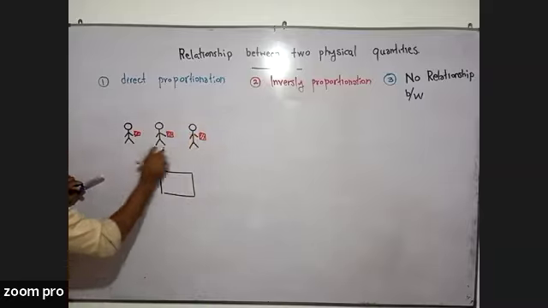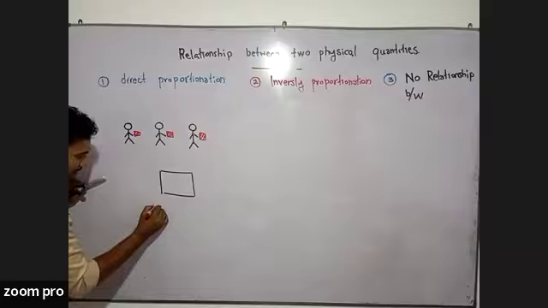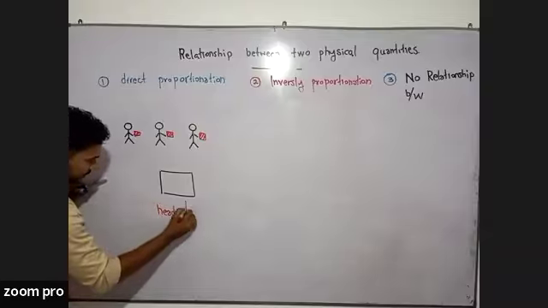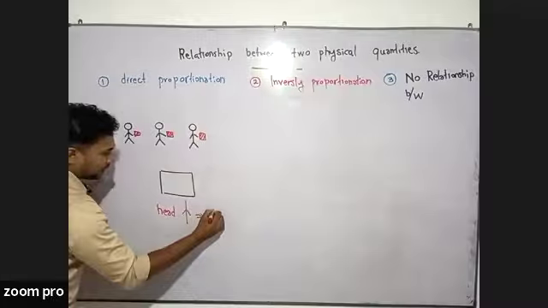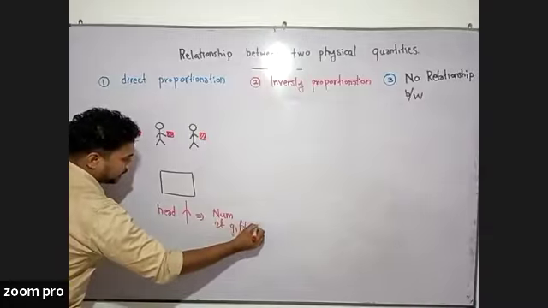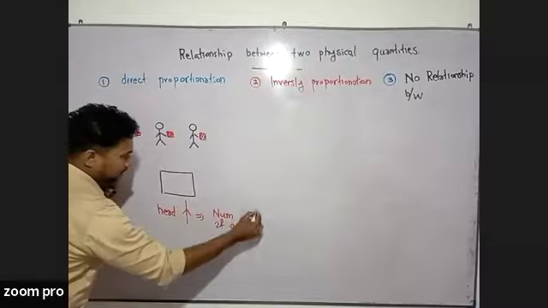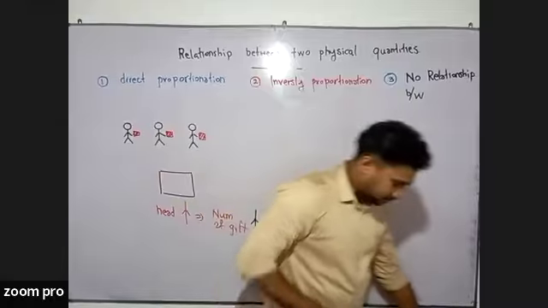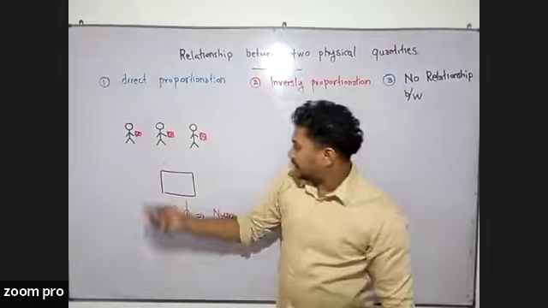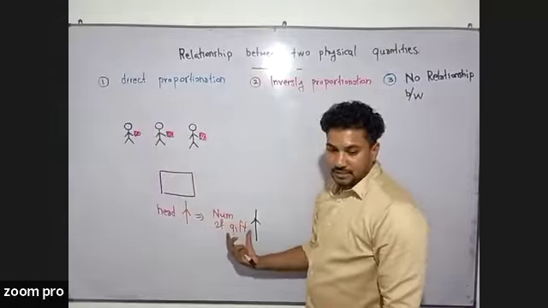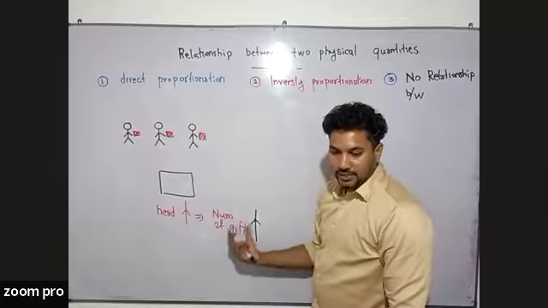So when the number of persons is increased, when the number of heads is increased, what happens to the number of gifts that you obtain? It is also getting increased, right?